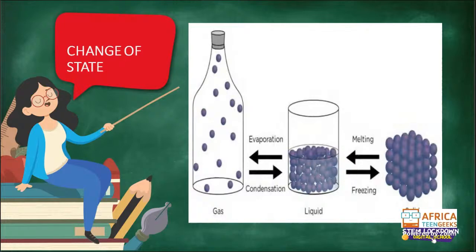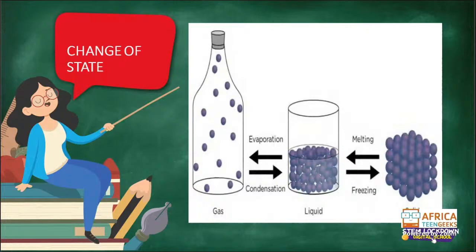So when we apply an amount of heat to a solid, like say ice, then it is melting and it changes to liquid. As it changes to liquid and then we add further heat, then it will go toward evaporation. Then when it evaporates, we say the liquid has changed to what? Gas, as you can see.